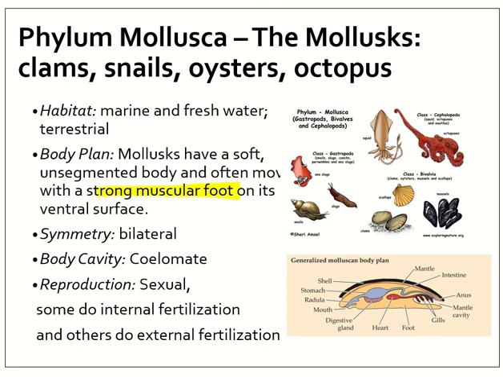When you're eating, say, mussels, that's the muscular foot on the outside of it. Inside that muscular foot, you'll also see their internal organs. They reproduce sexually, with male and female gametes. They have a body cavity, and they have bilateral symmetry.